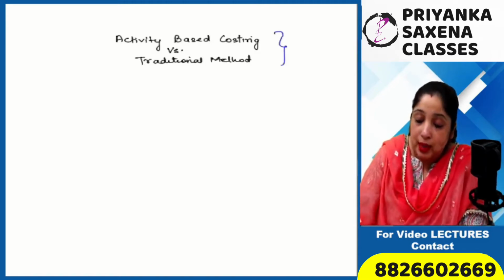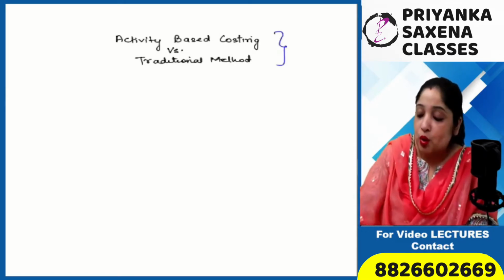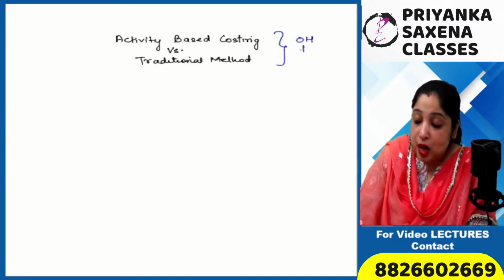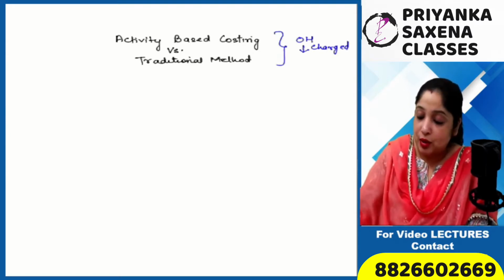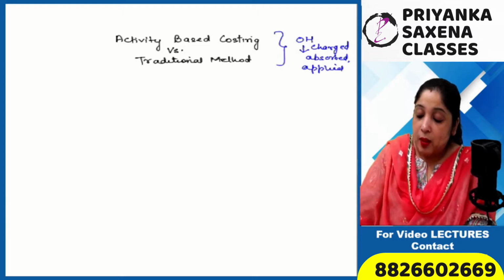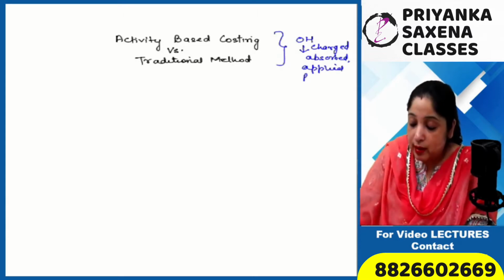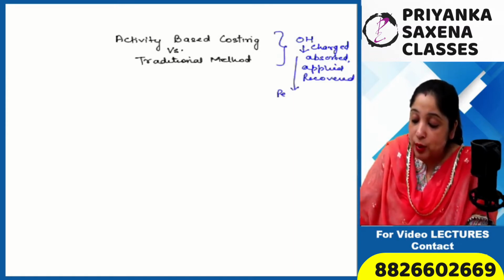These 2 methods basically tell you how much overhead should be charged. There are various words we can use: charged, absorbed, applied, or recovered. How much overhead should be charged per unit of finished good.